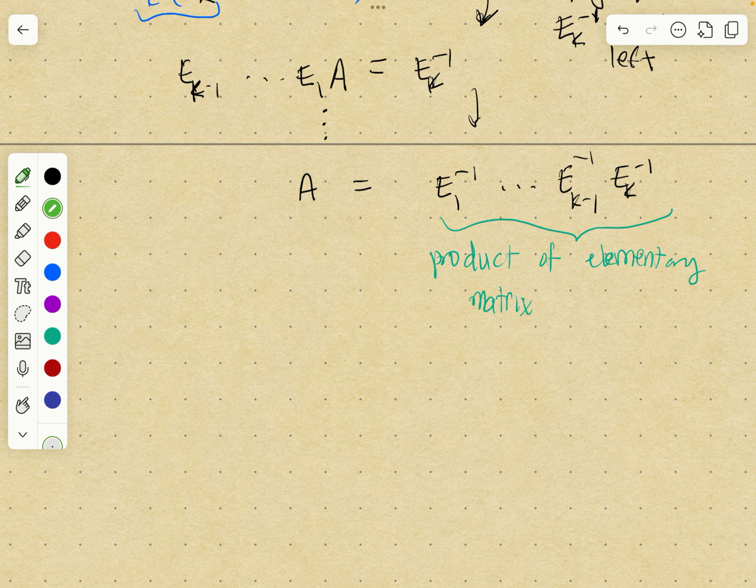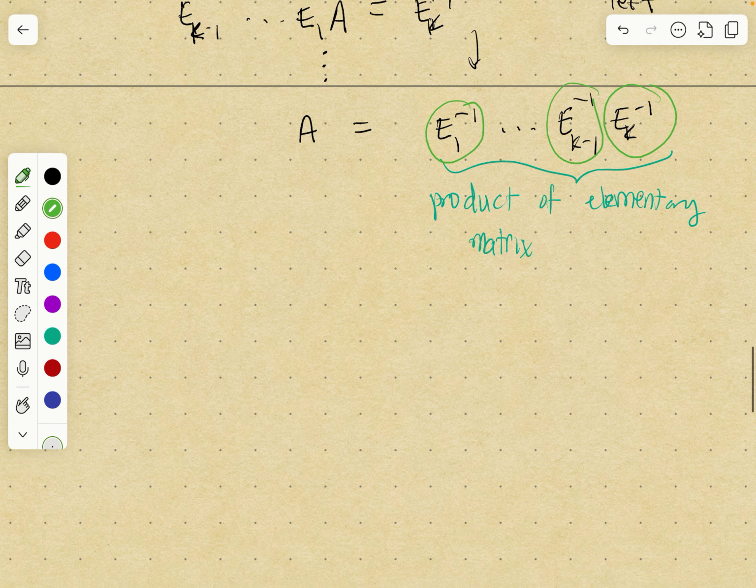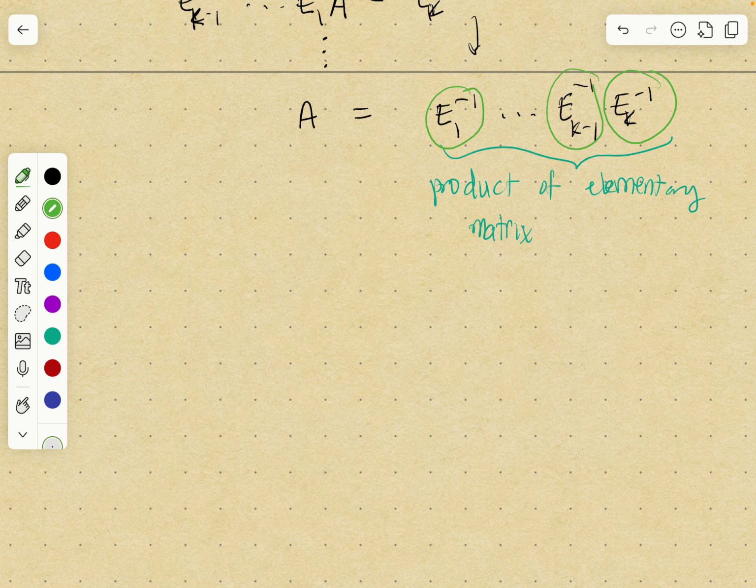So E_1 inverse is an elementary matrix, E_2 inverse, all of these are elementary matrices, and A is a product of those. And so that's what I mean when I say that the elementary matrices are like the atoms of invertible matrices, because every invertible matrix A is a product of elementary matrices.